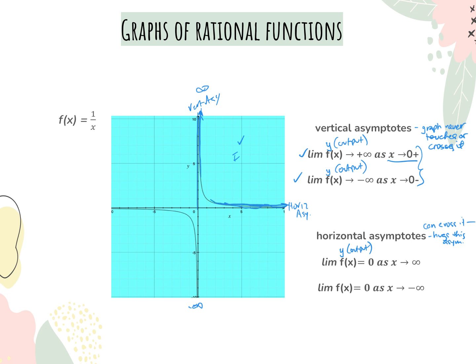Notice my y values are getting closer and closer to 0, and as that's happening, x is approaching positive infinity over here. And on the bottom graph, as my output is getting closer and closer to y equaling 0, or f of x equals 0, my x is approaching negative infinity. And so that's all these things are telling you.